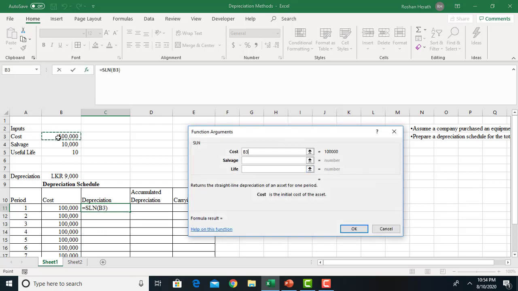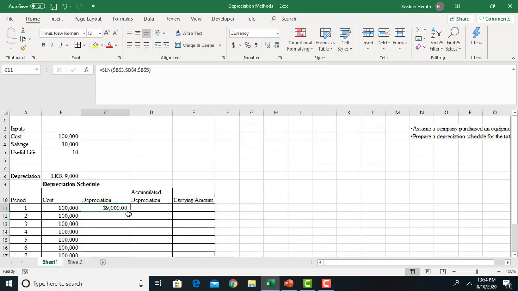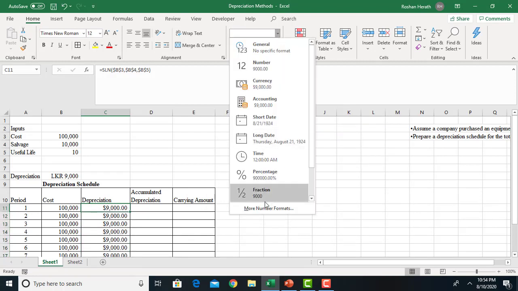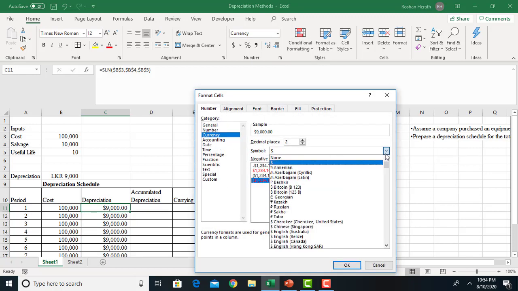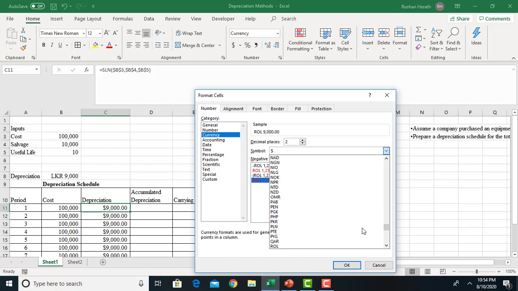You get the cost, make it constant, then the salvage, you can keep it constant, and the life, so it's going to be 10 years, so you can make it constant. Say okay, then you can drag them down. You can format the currencies if required. So let me put that to the LKR.